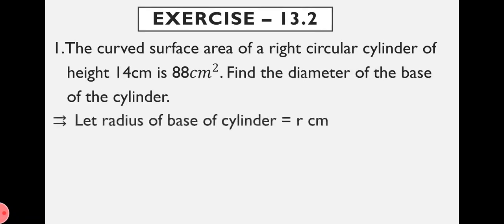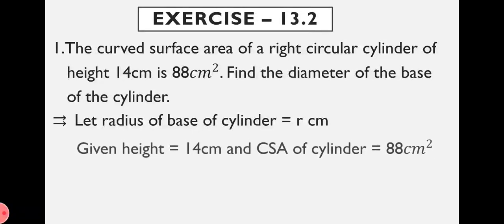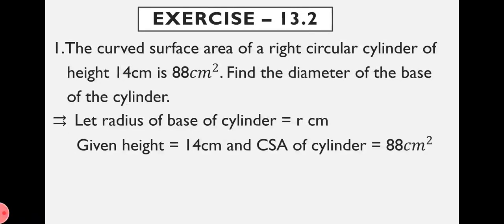So for the solution, let the radius of the base of the cylinder be r centimeter. Here, as we don't know the value of r, we have supposed r is the radius of the base of the cylinder. The height h is given as 14 centimeter and the curved surface area of the cylinder, that is CSA, is given as 88 centimeter square.